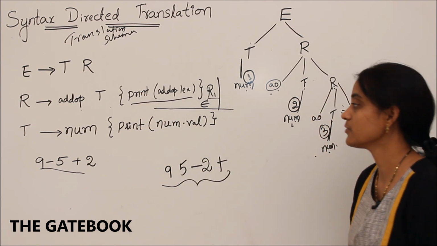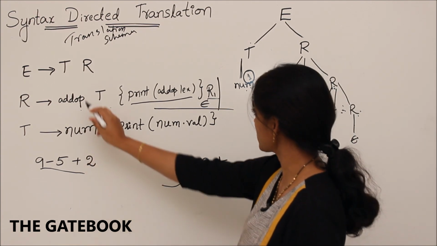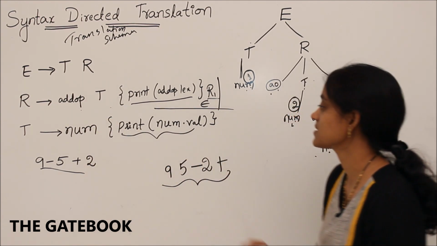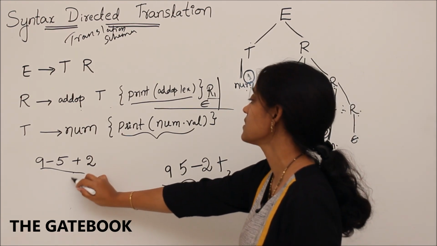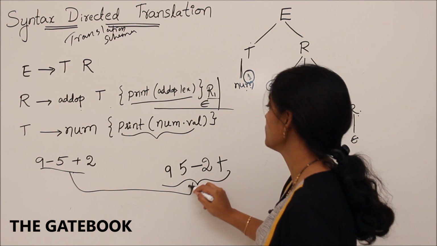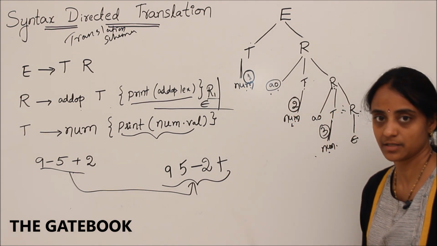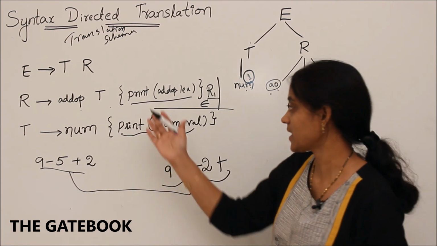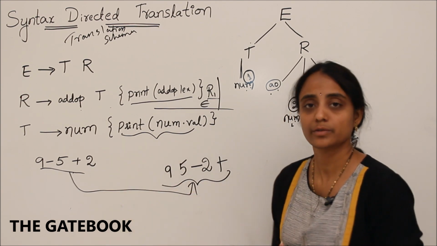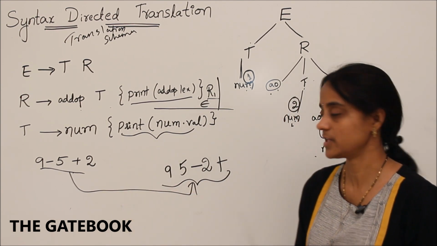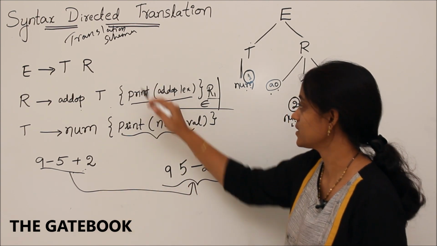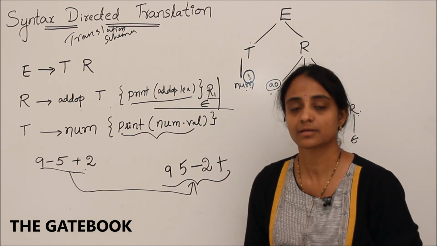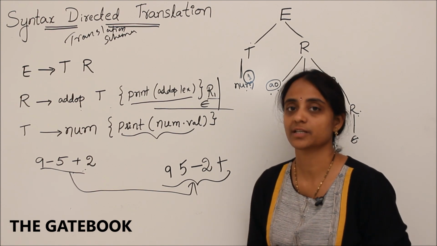If we observe what it has done, as part of this translation schema rule application, I have converted an infix expression to a postfix expression. So we can use translation schemas to do these kinds of operations as well. But we should know the order of evaluation.